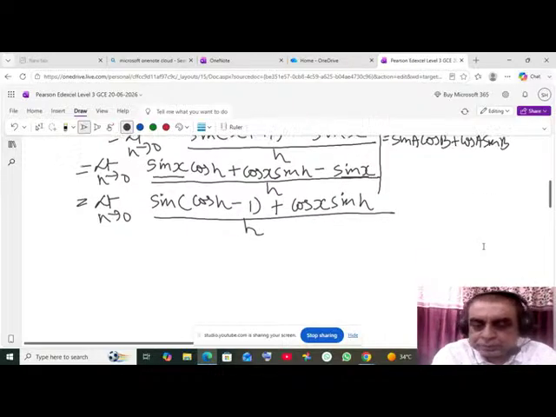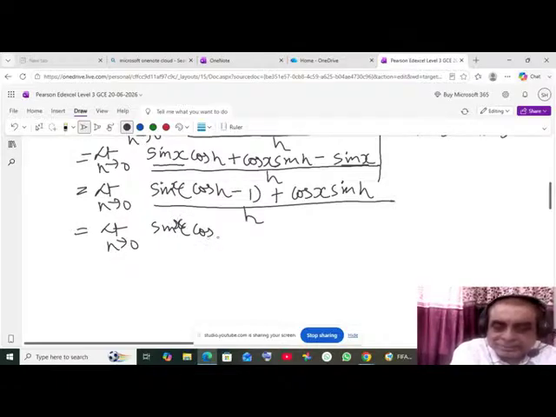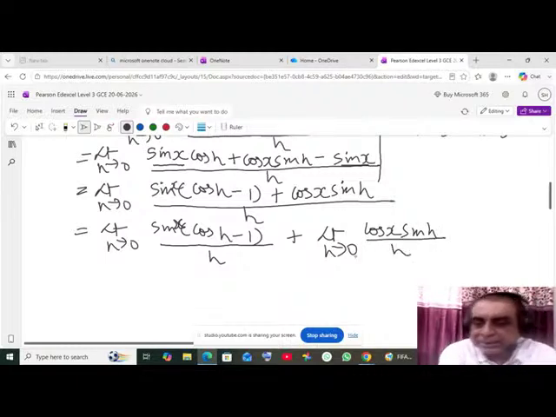Now we separate these two. Sine x is taken common: sine x times cos h minus 1 whole divided by h. And this we write separately: the limit as h tends to 0 of cos x times sine h whole divided by h.